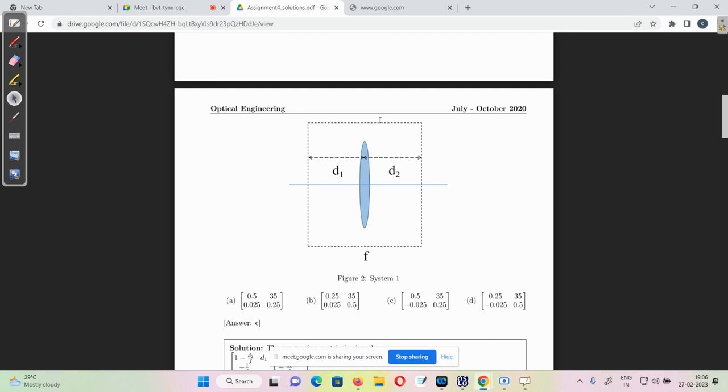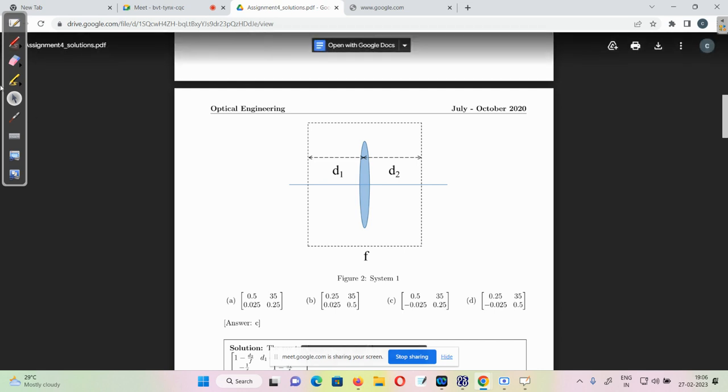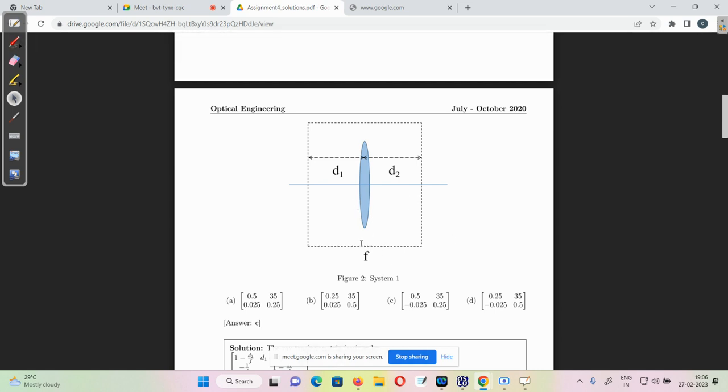Otherwise, you have to remember all the ray tracing matrix equations for different surfaces or media. Even if this is not given, you should be able to derive it.